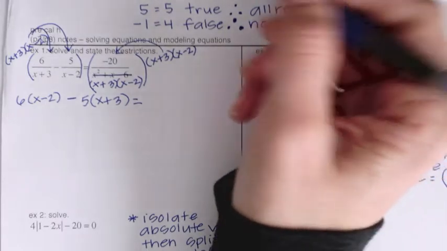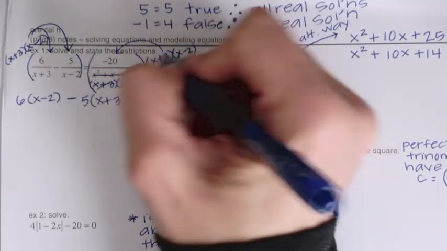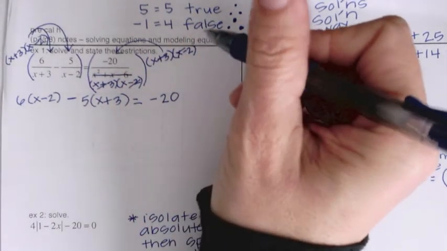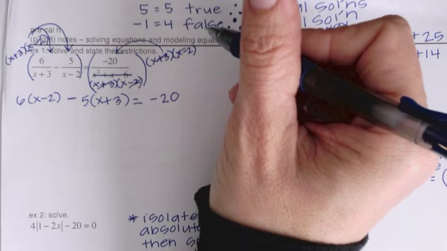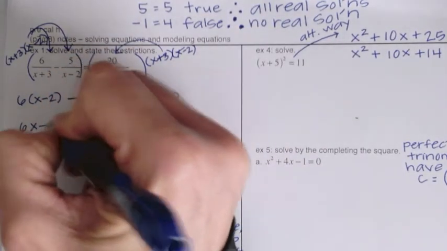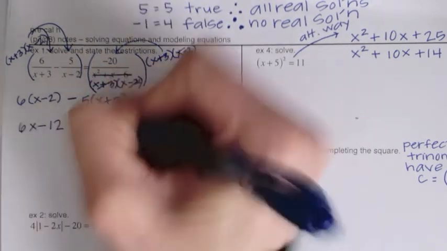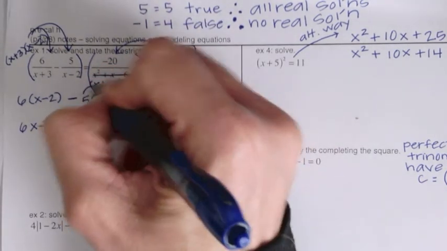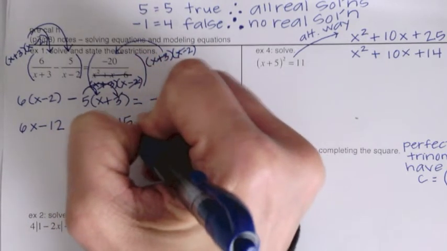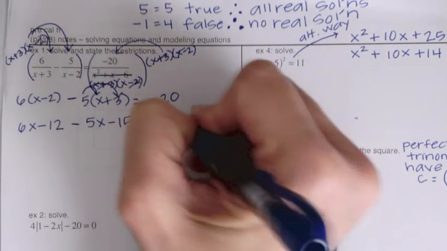I don't have to distribute. Those will cancel out, and I get -20. And now it's an equation that we don't mind working with. So what we get is 6x minus 12 minus, now you're going to be careful because that -5 is going to both. So we get 5x minus 15 and then equals -20.